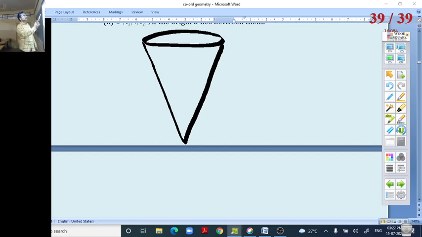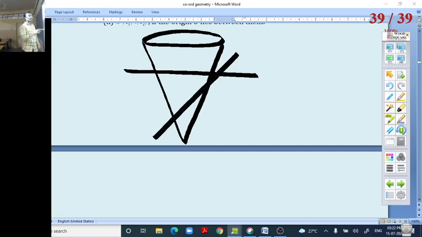So as the cone is cut in a particular angle, these particular angles like this or like this, then the cone will divide into sections.